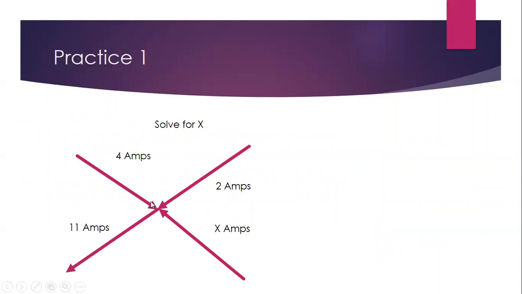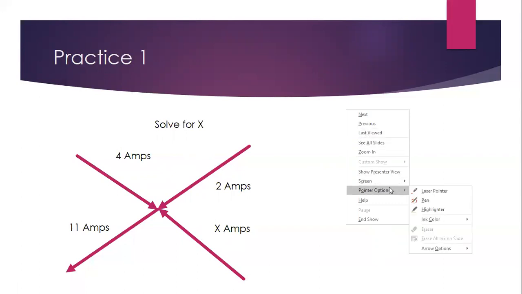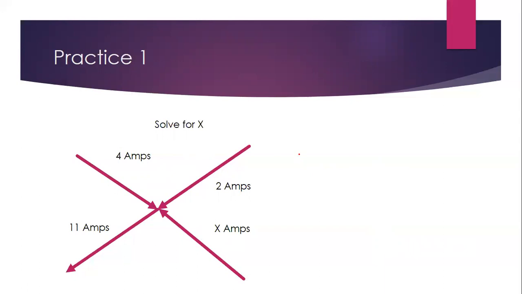So here we have this junction right in the middle of these arrows. We want to solve for X. How many amps is in this X arrow? We have to think about it, and we're going to set it up as a little math problem here. If we look at going into this junction, there are 4 amps going in.